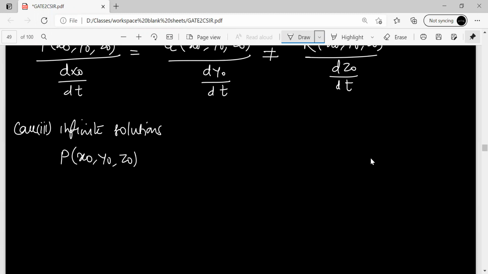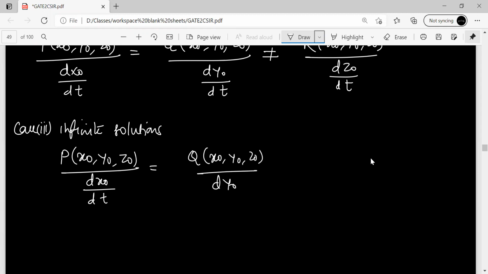So p of x naught, y naught, z naught upon dx naught over dt will be equal to q of x naught, y naught, z naught upon dy naught over dt, and this will be equal to r of x naught, y naught, z naught upon dz naught over dt. In that case, we will get infinite solutions.